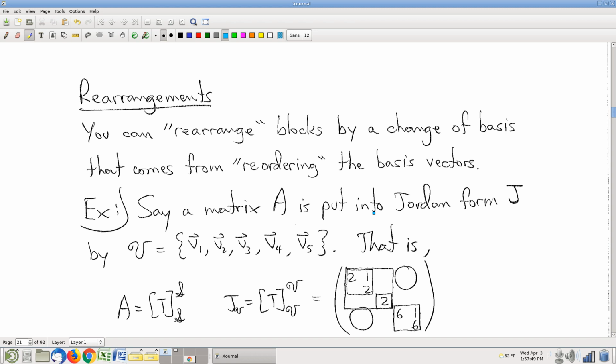Okay. So this next topic, you've already seen a little bit of this. There was a homework exercise that did something along these lines. I just want to flesh this out in a little more detail. Keep in mind, Jordan form is made up of blocks, right? We've got blocks inside of blocks. Here is a basic Jordan block. Here's another basic Jordan block.